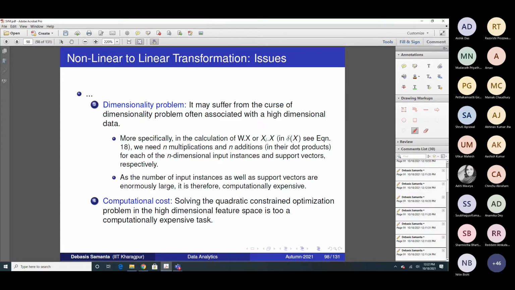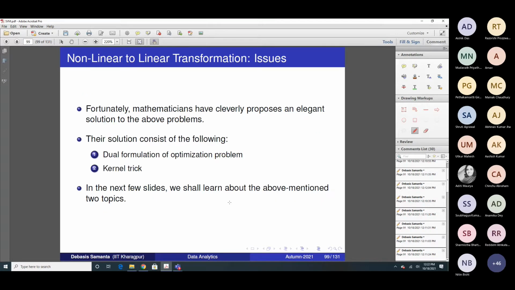So the dimensionality problem will arise because of the complex non-linearly separable data, and as a consequence, it also demands a high cost of computation. So this problem of nonlinear mapping, although it looks very simple to understand, has a lot of problems to be addressed if you want to implement it in real life applications.